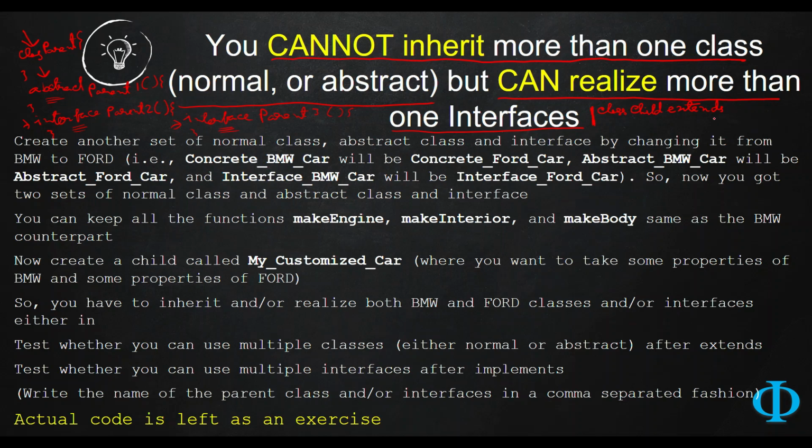After extends you can have only either just the normal class, which is parent, or parent 1, which is an abstract class over here. You cannot have both. Not only that, you cannot have two abstract classes, and you cannot have two normal classes either. So in summary, right after extends, there can be only one class specified, either normal or abstract.